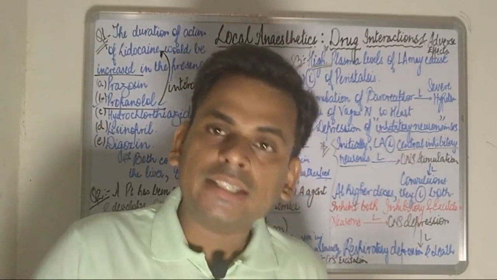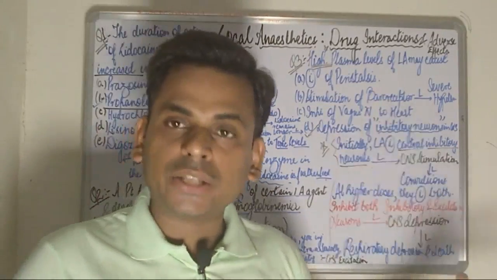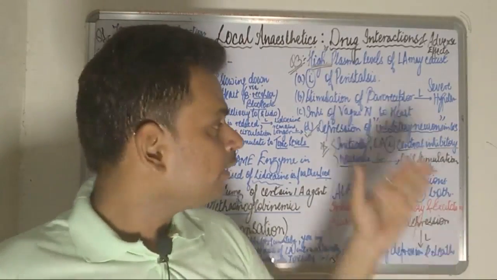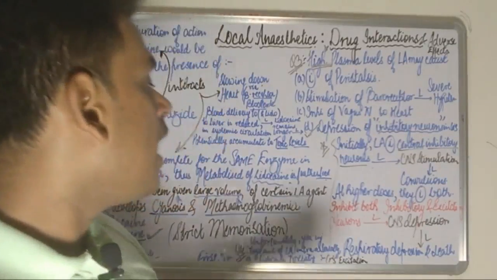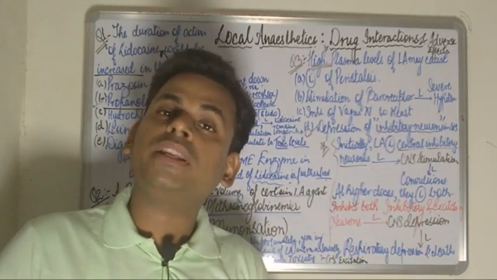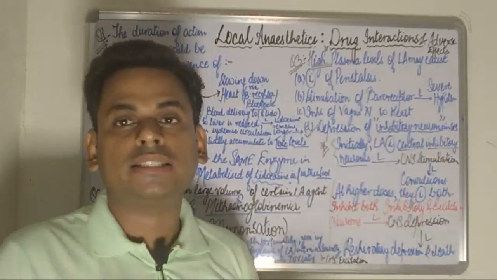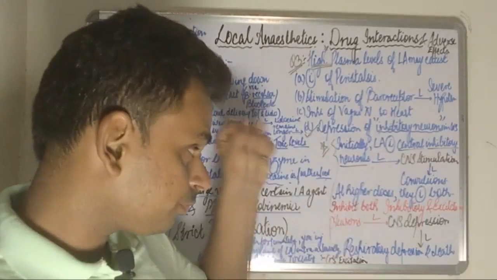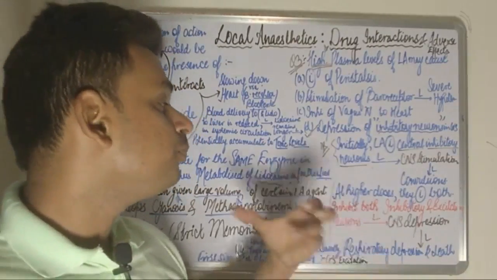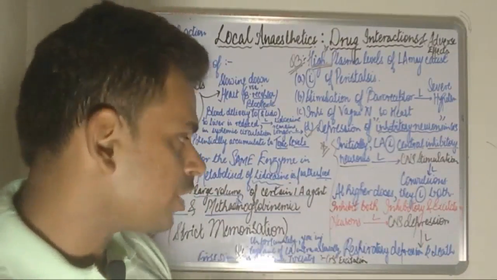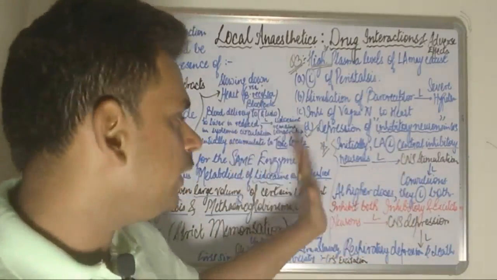So if a local anesthetic is injected accidentally, the initial adverse effect is CNS stimulation. And if it has been injected at a much higher dose, ultimately both the inhibitory as well as the excitatory neurons get inhibited, and that will lead to CNS depression, respiratory depression and the death of the patient. So this is the concept very frequently asked in the various MCQs.